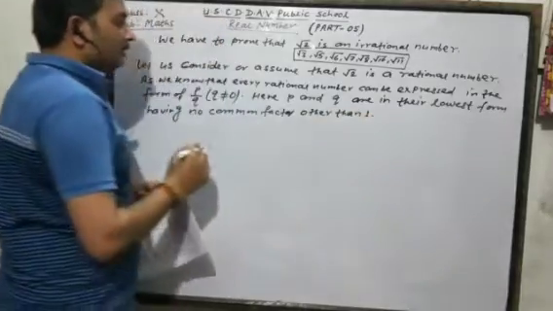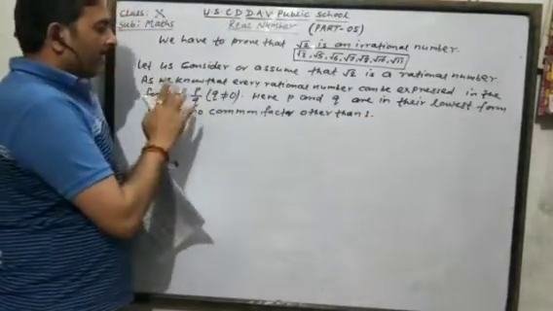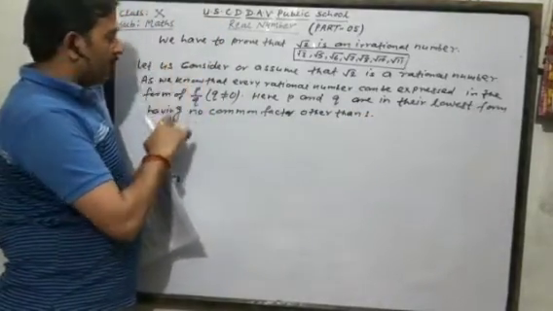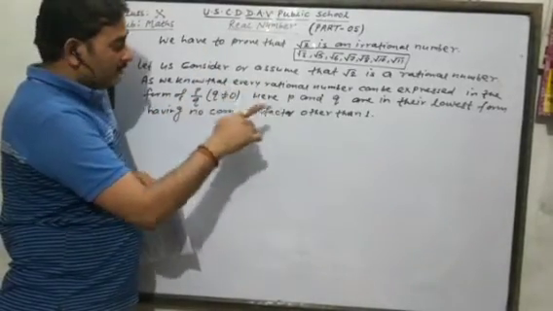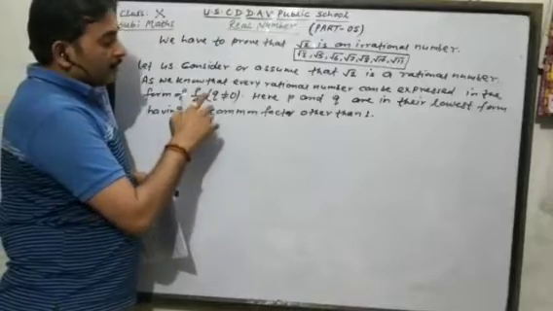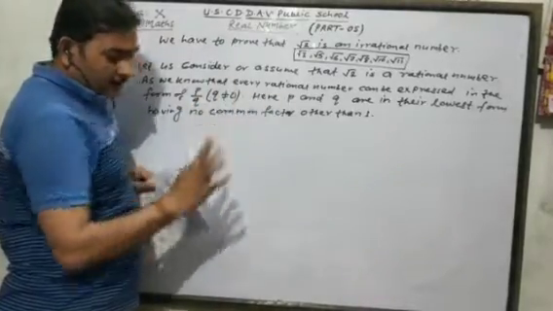That is, p and q are in simplest form, and if it is in lowest form or simplest form, then there will be no common factor other than 1.